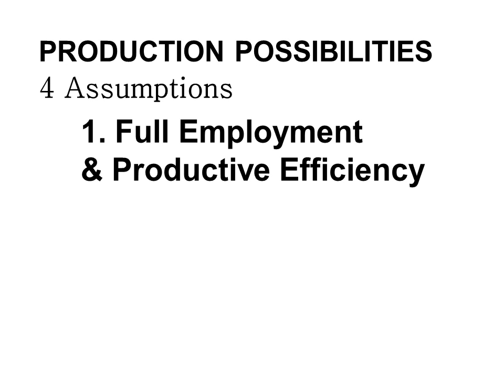So, if a nation is going to produce anywhere along the curve, the first assumption is full employment and productive efficiency. If we are to achieve maximum level of potential production for the time being, the nation will be putting to use all of its available resources, full employment, and producing goods and services in the most cost-effective method, productive efficiency.